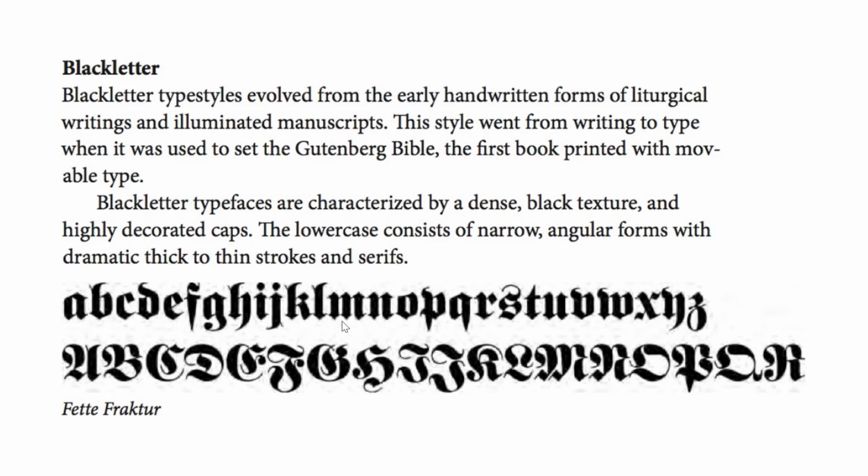But the reason you think that is because when the Gutenberg Bible came out, and none of us were around back then, it was actually in black letters. So the original expensive, beautiful books of way back when were actually in black letter. Only rich people could afford it, or you could go into a church and see it. But this is a big, beautiful typeface, which is recognized by how thick it is and how beautiful it is.